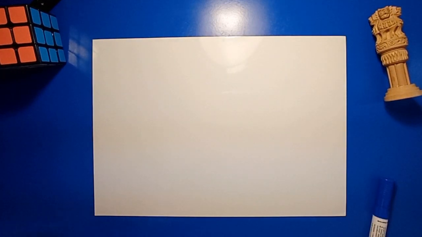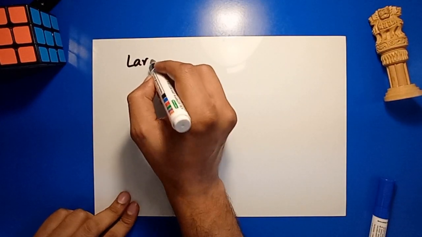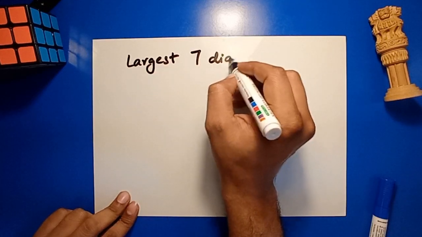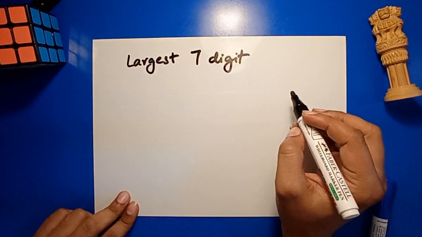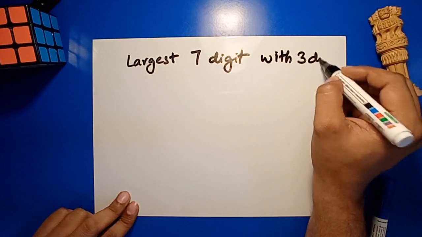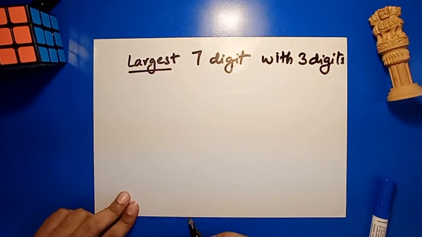Now let's solve another problem. What is the largest 7-digit number with minimum 3 digits? So the keyword here is largest.